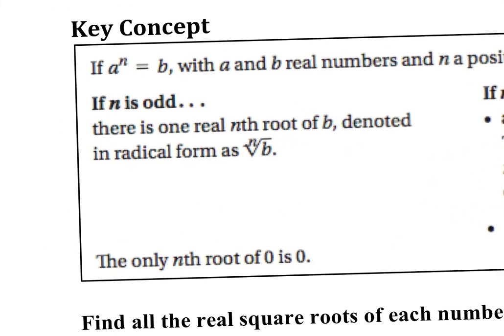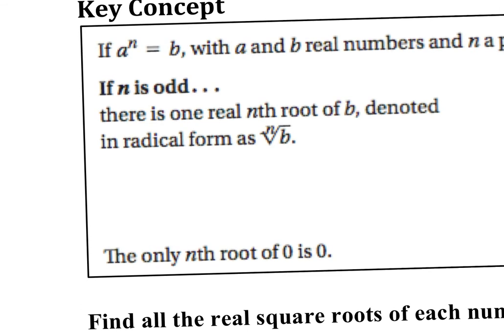So, how to manage with certain roots here. If n, now again, when I'm saying n is my exponent, when the exponent is an odd number, and again, odd can be 1 or 3 or 5, etc., then there is one real nth root. And this is how we write it.